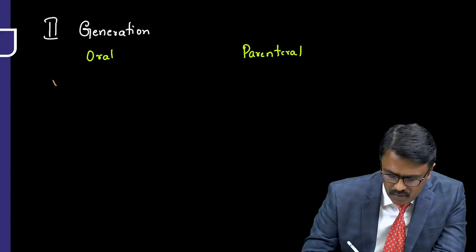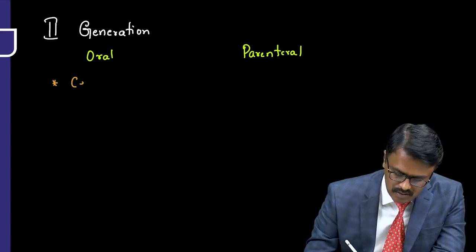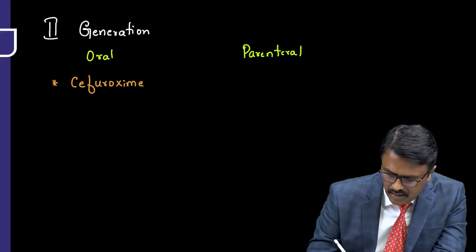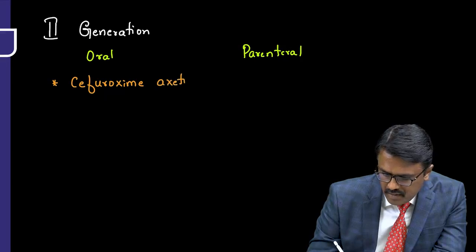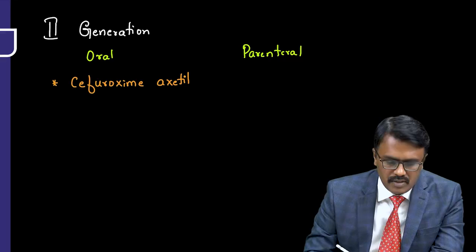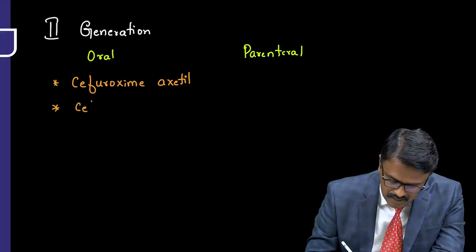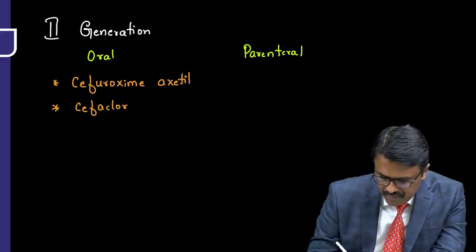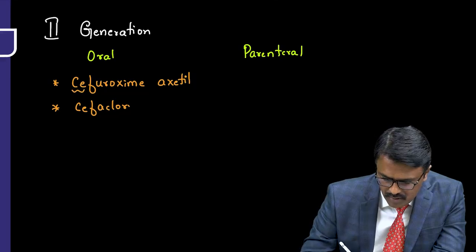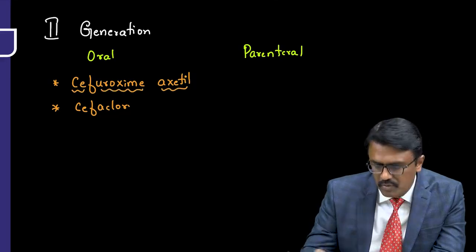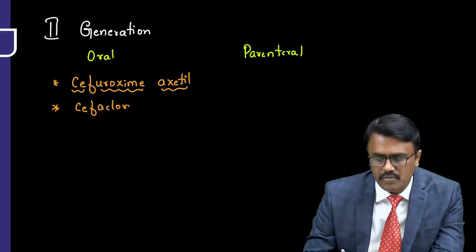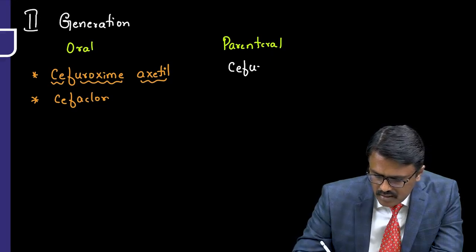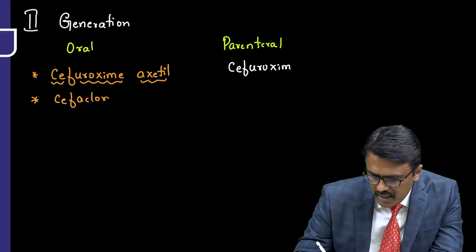What are the drugs which are given orally? They are cefuroxime axetil and cefaclor. Now, if you know cefuroxime axetil, and you want a parenteral drug, remove the axetil. If you remove the axetil, you get a parenteral drug, which is called cefuroxime. That is given parenterally.